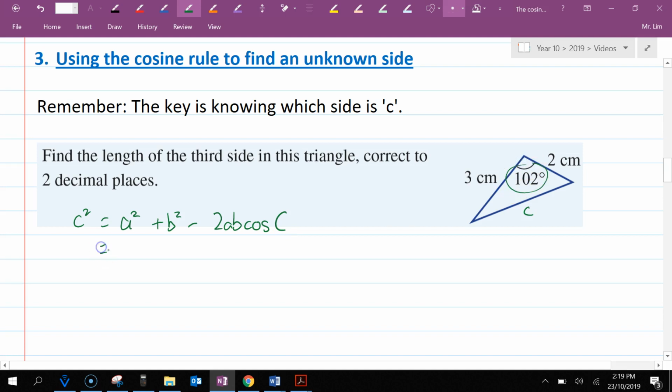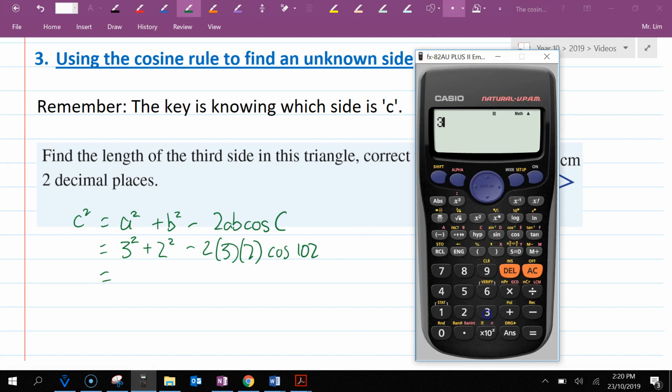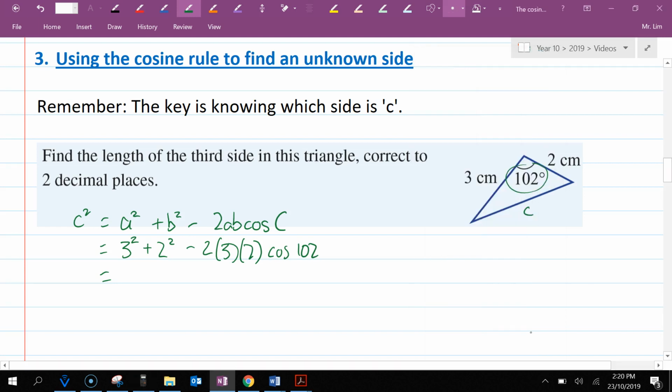So we have 3 squared plus 2 squared. Again, it doesn't matter what a and b are. Minus 2 times 3 times 2 times cos of 102. Let's put that in our calculators. 3 squared plus 2 squared minus 2 times 3 times 2 times cos 102 is 15.49.